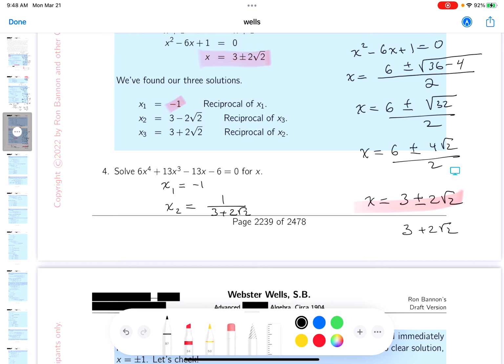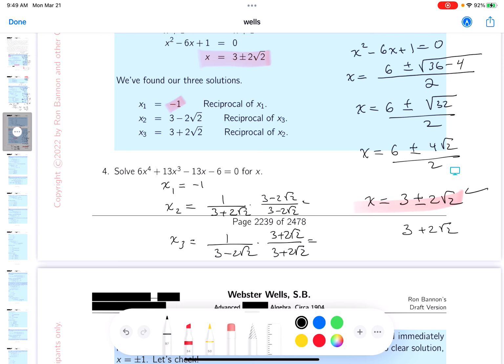We'll do that a little bit later. And x3 is a reciprocal of the other one, which is going to be 3 minus 2 root 2. Let's just rationalize that. So we get over here, it's going to be 3 minus 2 root 2, 3 minus 2 root 2. This is going to be 3 plus 2 root 2, 3 plus 2 root 2.